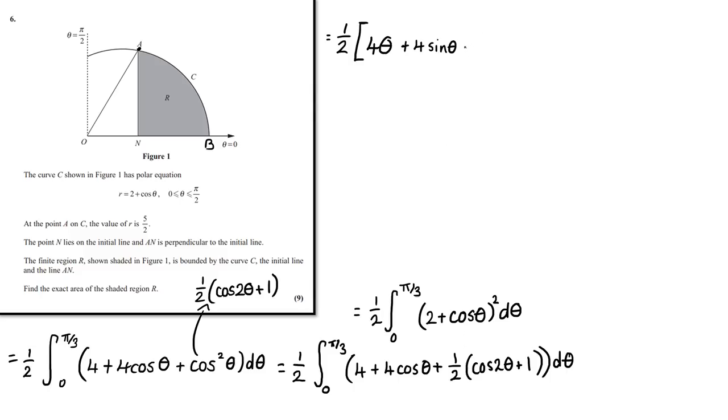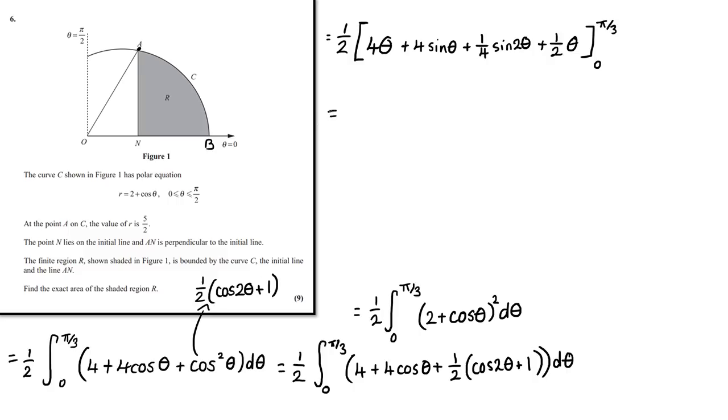So I'm going to get a quarter sine 2 theta, or you could write that as sine 2 theta divided by 4. They're both the same. And then here, a half times 1 is a half. So you integrate that with respect to theta, and you get a half theta. And don't forget our limits here of 0 and pi over 3.